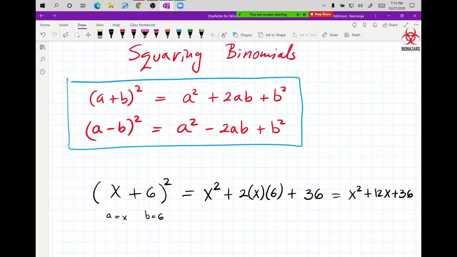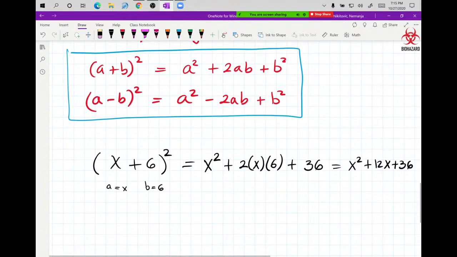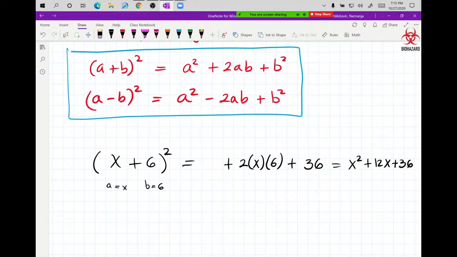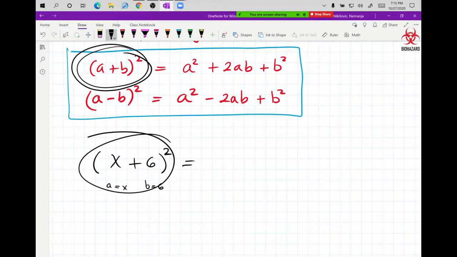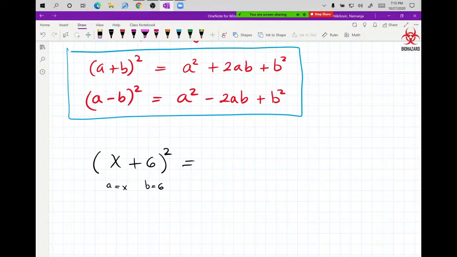Can you go over that one again? Yes. So once I see the problem, immediately the form of the problem matches. And we know that a is the first and the b is the second, whatever this is.